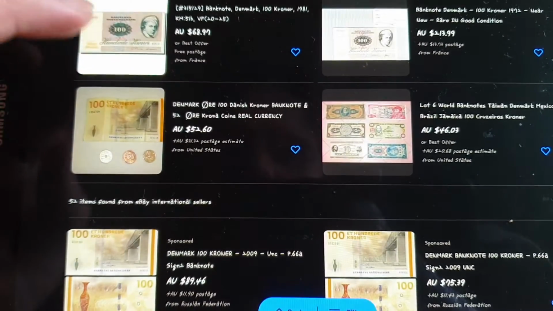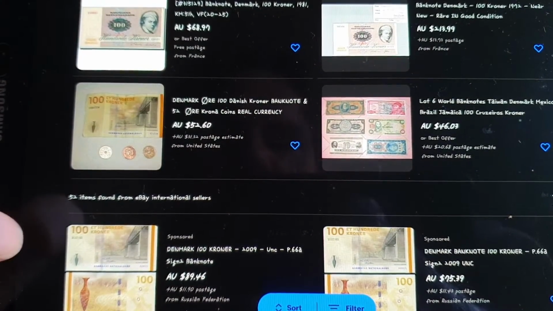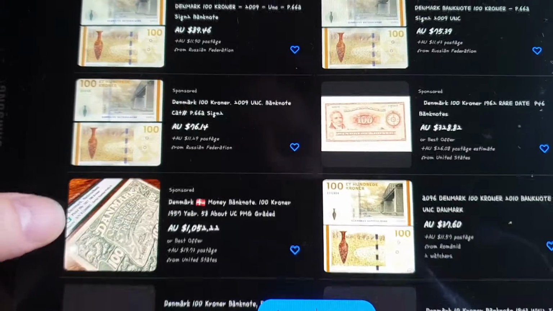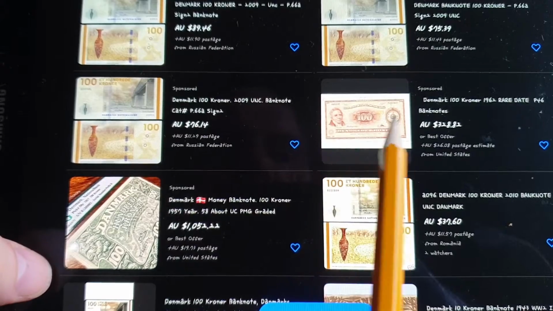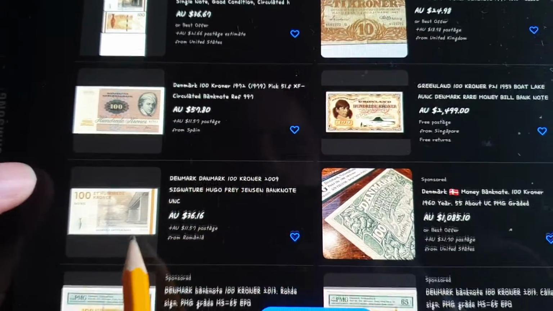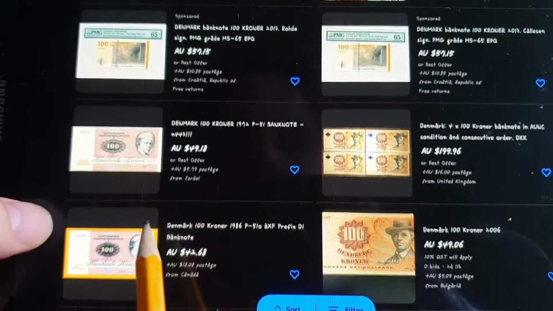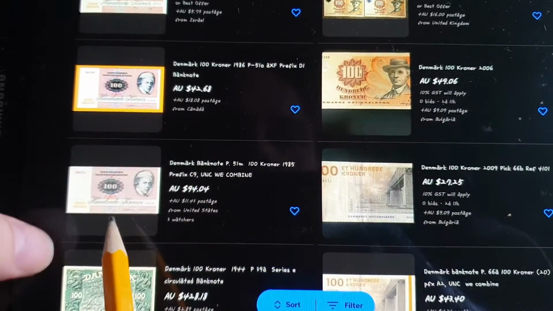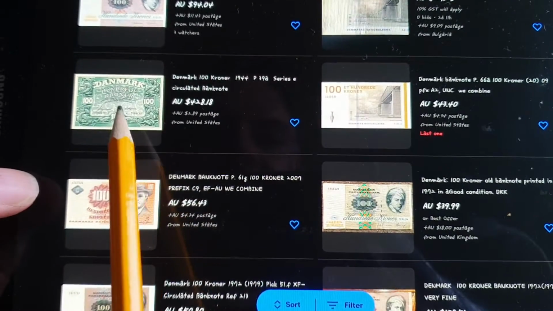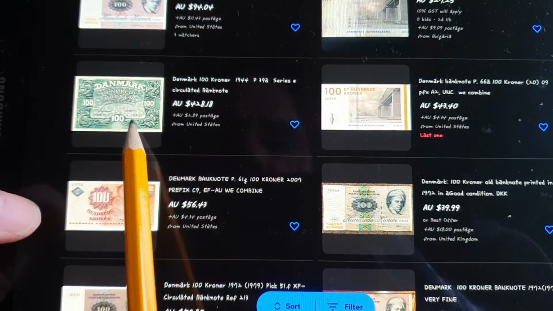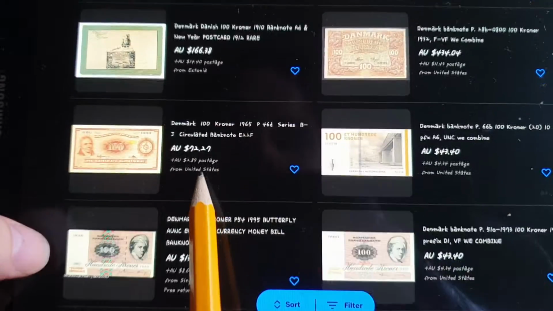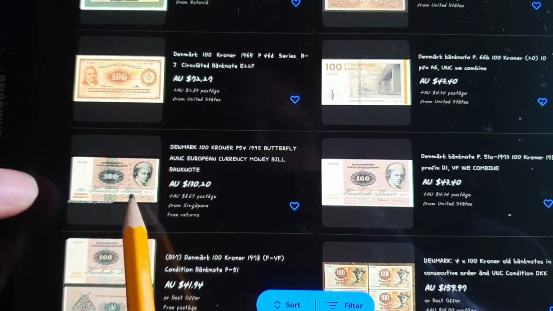Okay, so we've got more modern ones. So here's the one from the 70s and 80s. And then you got the modern one, 1962, $300. No, I don't see any of the older banknotes. Here you go. $400 for that one. 1944. Is there one from the previous series? 65.